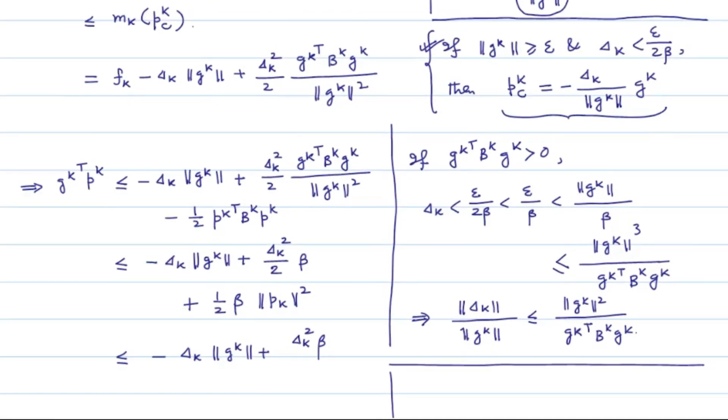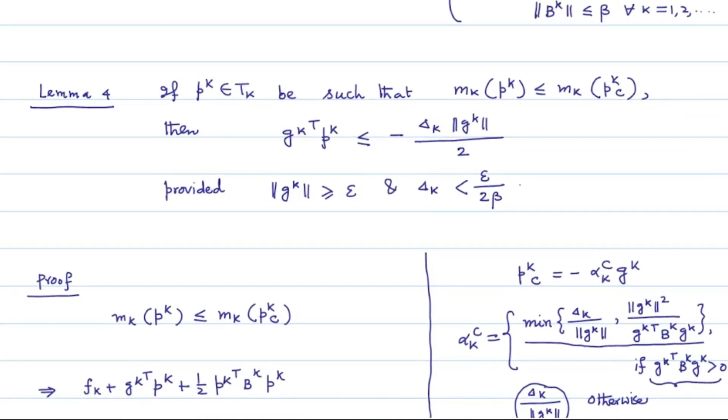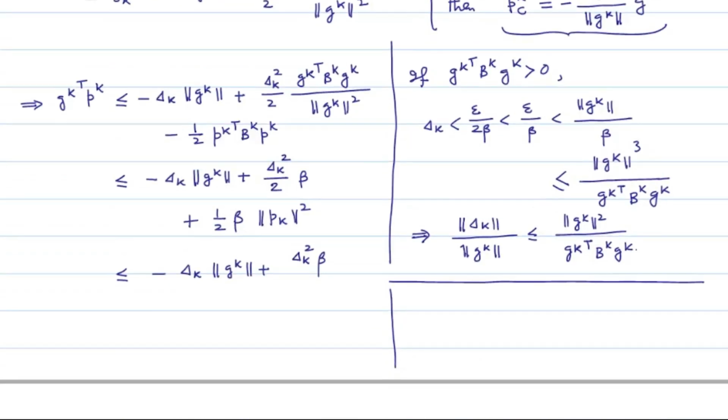Now we notice that in the hypothesis we have assumed norm g_k is greater than or equal to epsilon and delta_k is less than epsilon by 2 beta. Delta_k less than epsilon by 2 beta gives us delta_k less than epsilon by 2 beta less than norm g_k divided by 2 beta, which further gives delta_k squared times beta less than delta_k times norm g_k divided by 2.